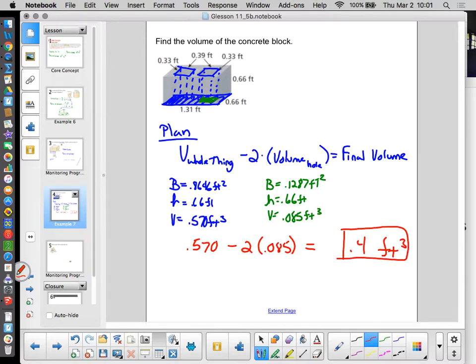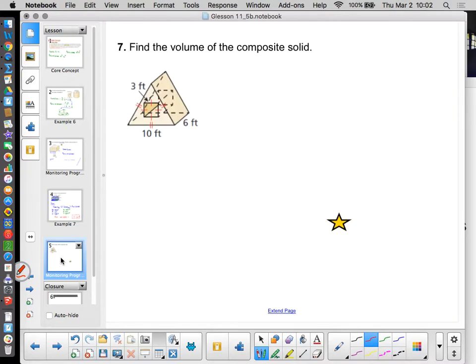So I need 4/10 of a cubic foot, or 0.4 cubic feet, of concrete to make that block. What the holes do is subtract off that 0.170. A significant portion of the total block is just air. Only 0.4 out of 0.57 cubic feet is actually concrete. So we have to make a plan, execute that plan, and do the math.